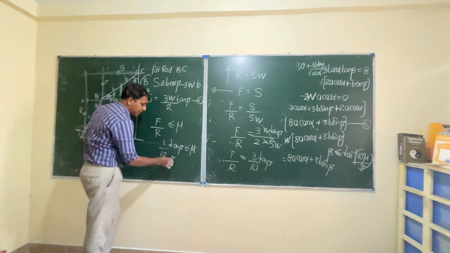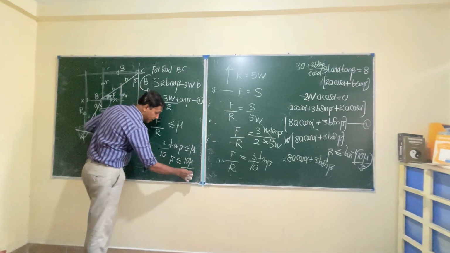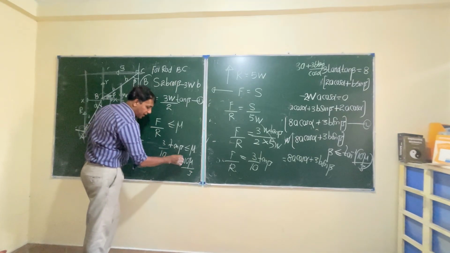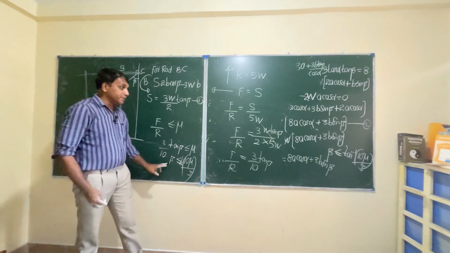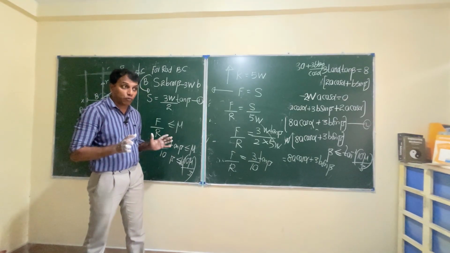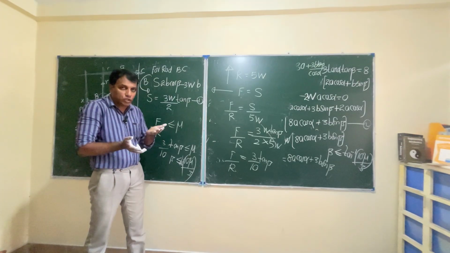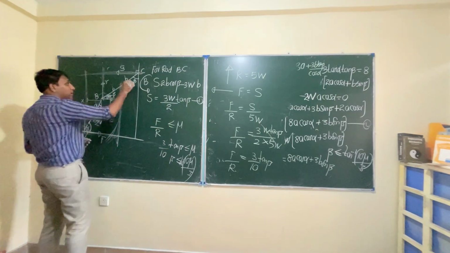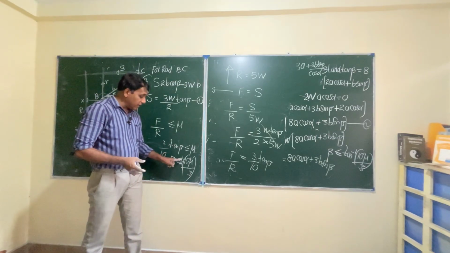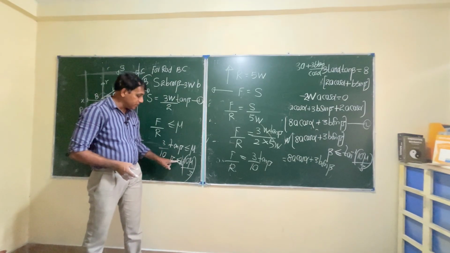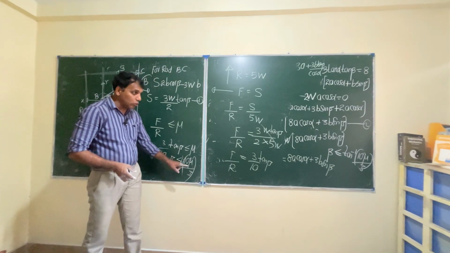Therefore, beta is less than or equal to tan inverse, cross multiplying. Yet beta is an acute angle between 0 and pi by 2. When beta increases, tan also increases. Therefore this inequality is valid: beta less than or equal to tan inverse of 10 mu over 3.